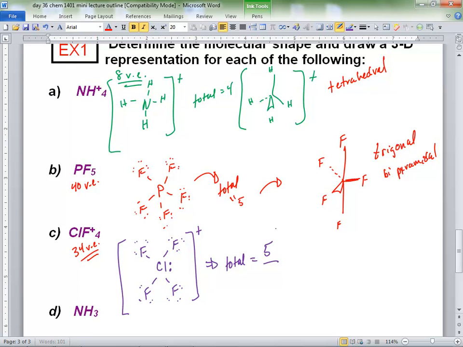But first I would draw the 3D structure for 5 total. And that's trigonal bipyramidal. Then put the lone pair on there. And hopefully if you draw it nice, you'll recognize where to put it.